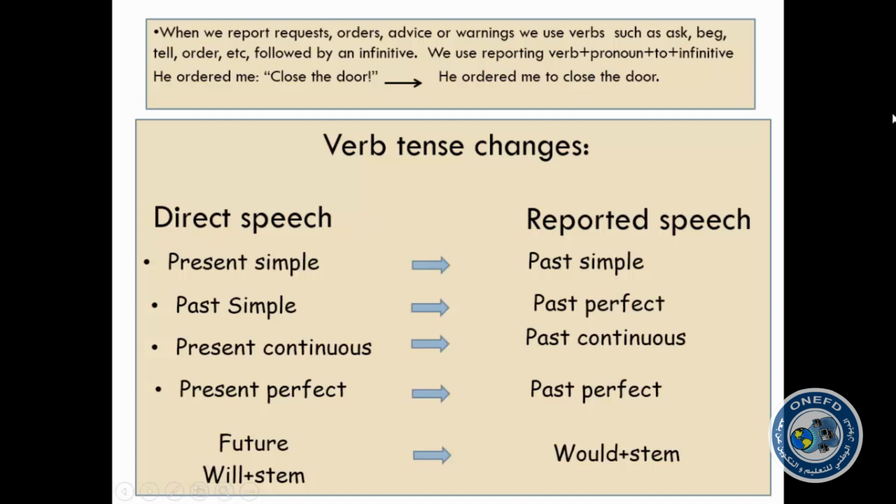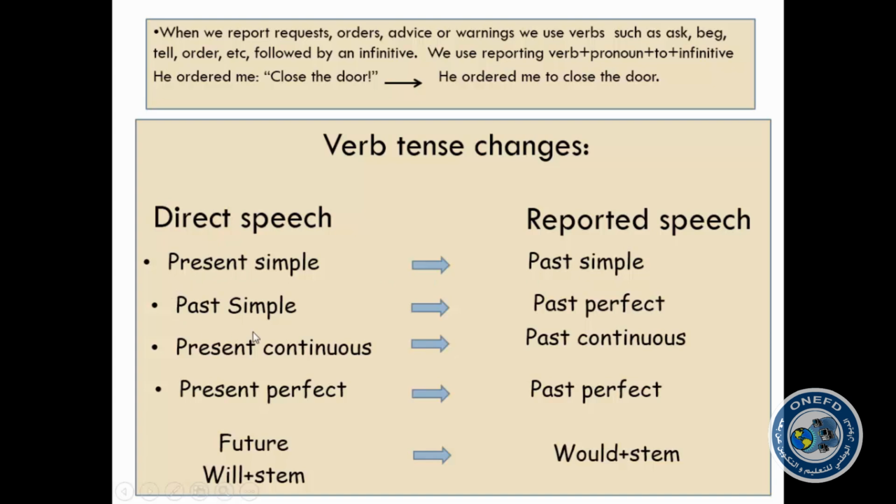So we took the liberty to provide you with some lists of changes. For example, the first one is the verb tense changes. So we have direct speech and reported speech. When the direct speech is present simple, it changes to past simple.